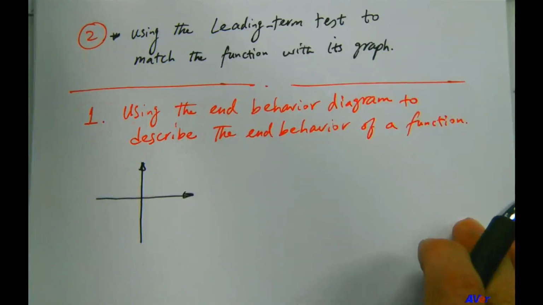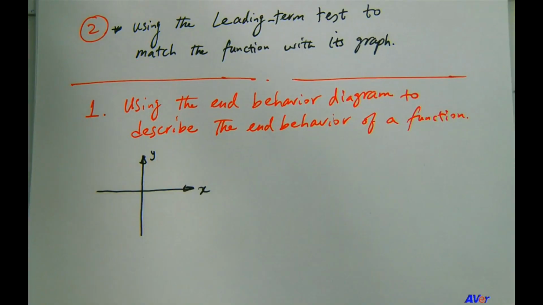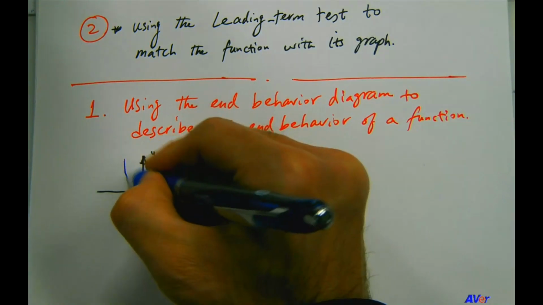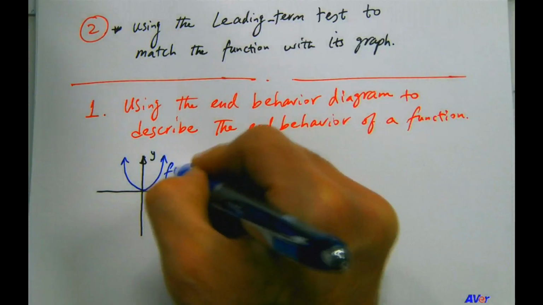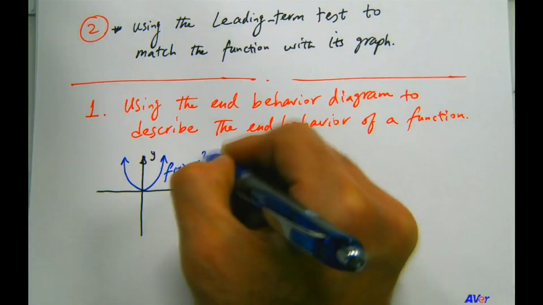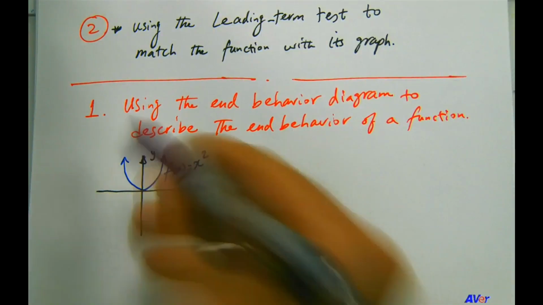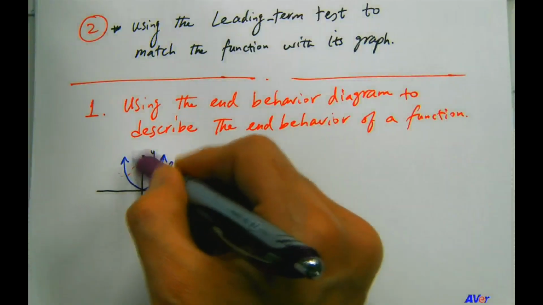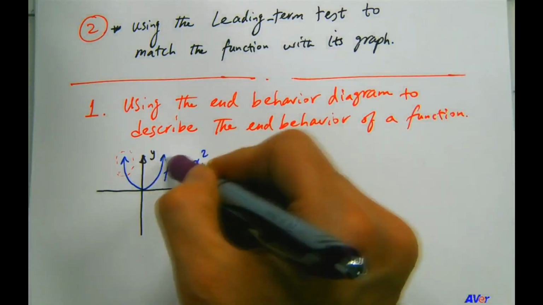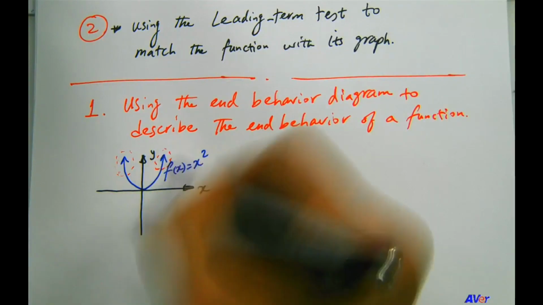So if this is x and y, and you have the graph of a basic quadratic function, which goes through the origin like that, and let's call this f of x equals x squared, notice how the end points of this function are behaving. We're talking about the end points, not in the middle, not over here, but the end points, right?